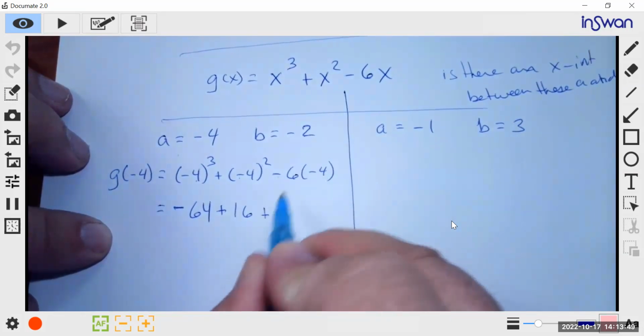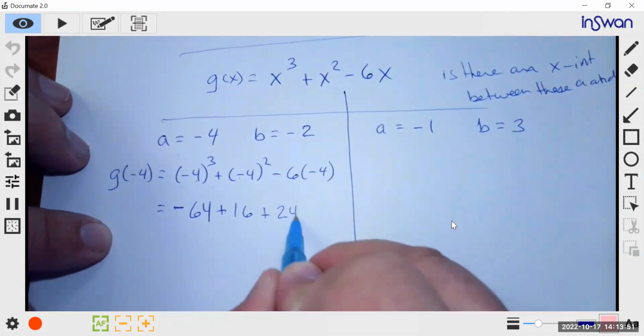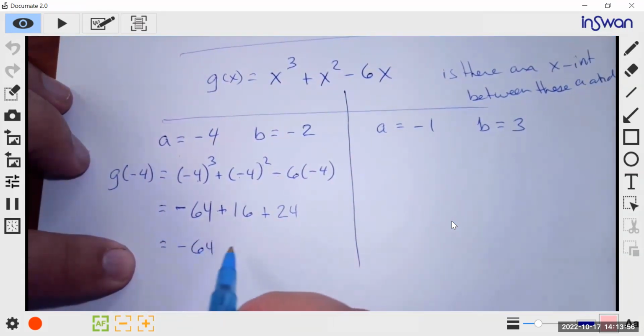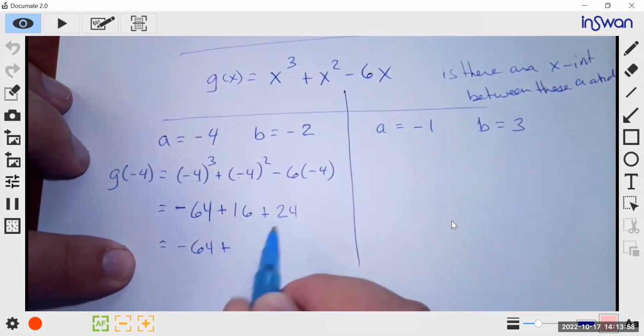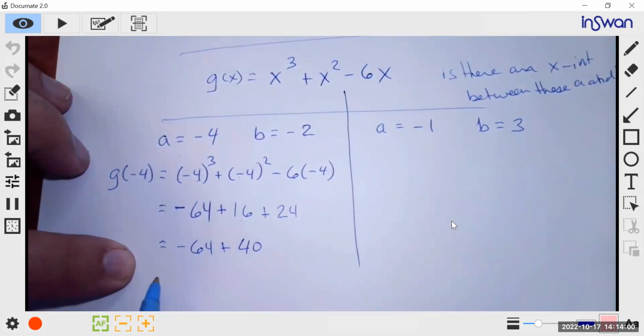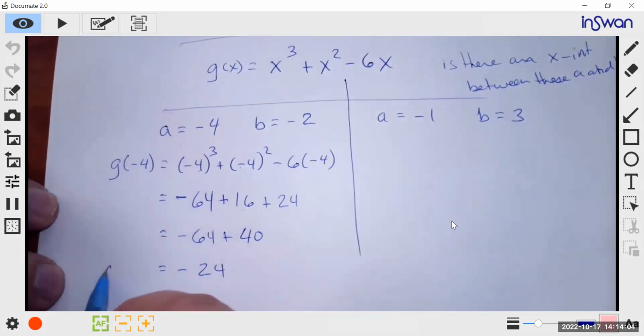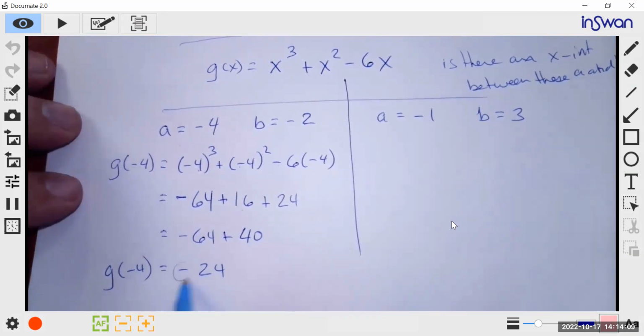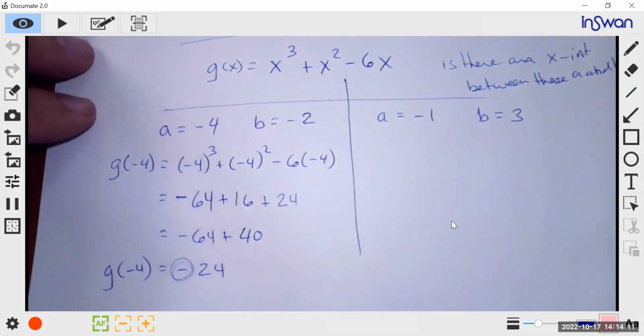Negative times negative is a positive. 6 times 4 is 24. 16 plus 24 is 40. Negative 24. So at -4, the answer is negative.